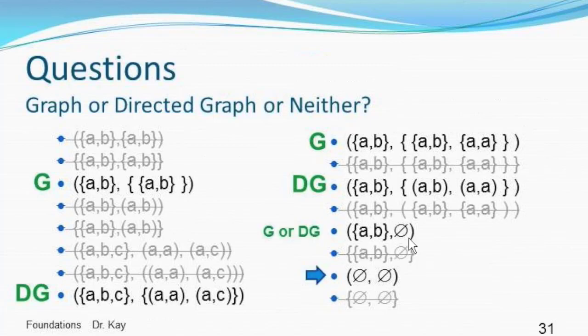And of course, because this is the empty set, we don't know, is it a directed graph that has no edges, a graph that has no edges? So I just wrote graph or directed graph there. Similarly, this is just going to be a graph or a directed graph that has no vertices or edges. It's pretty boring, but it's okay. We can have that.